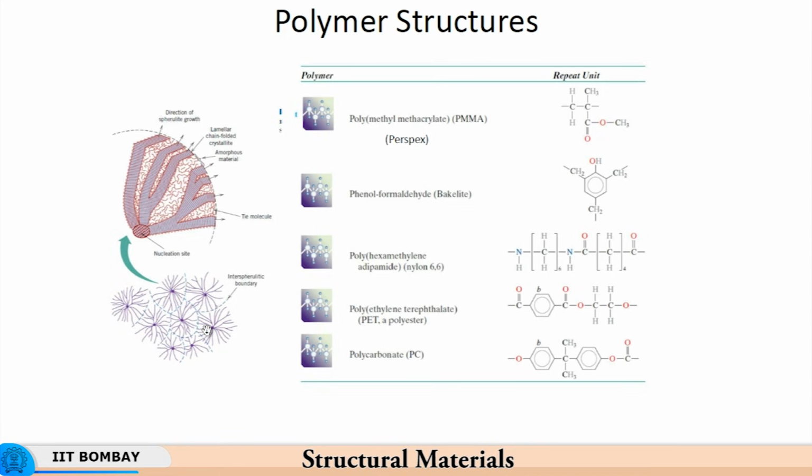Polyhexamethylene adipamide is nylon 6,6. So, this nylon is again an engineering material. In fact, many of the hammers use, instead of steel, the hammering element made of nylon, because if you do not want to cause severe dents in the item to be hammered, then steel can be too hard a material for a substrate, and therefore it may be required to use a relatively softer material for hammering.